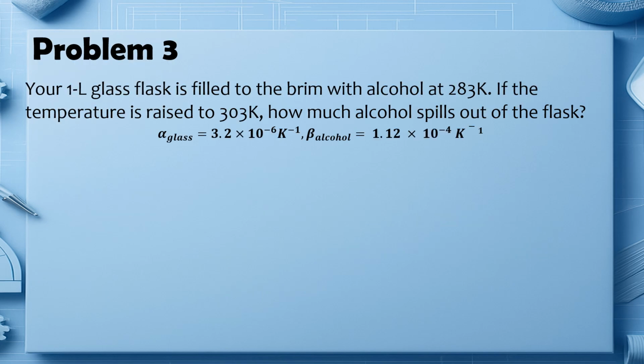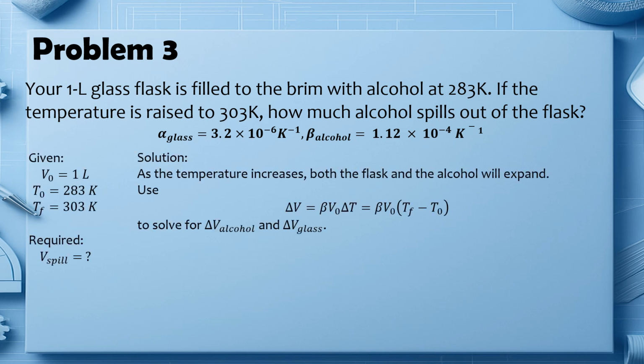Okay, problem number 3. Your 1 liter glass flask is filled to the brim with alcohol at 283 Kelvin. If the temperature is raised to 303 Kelvin, how much alcohol spills out of the flask?